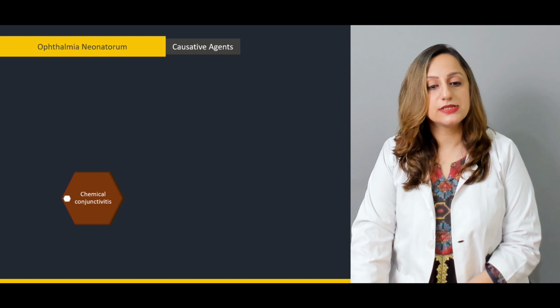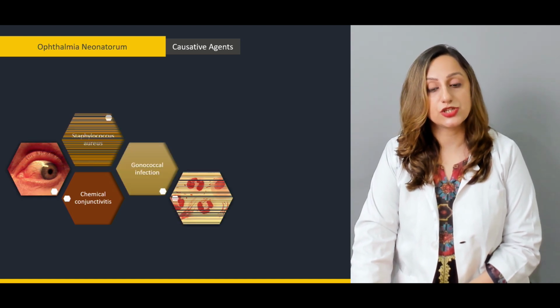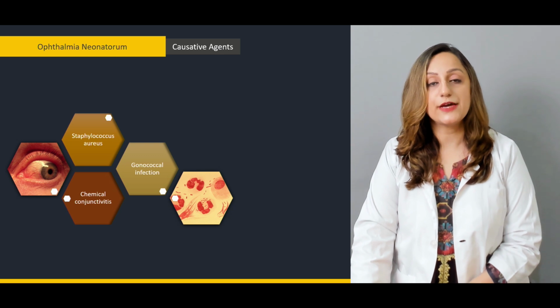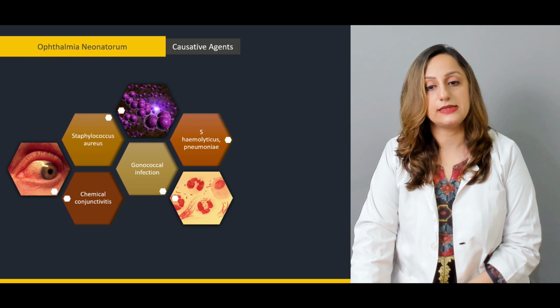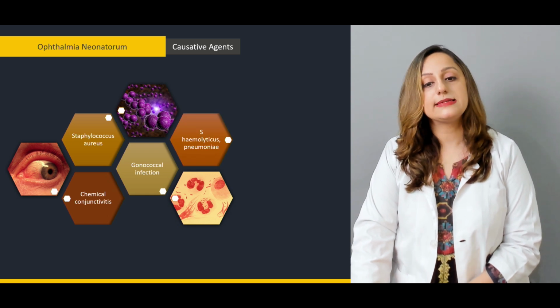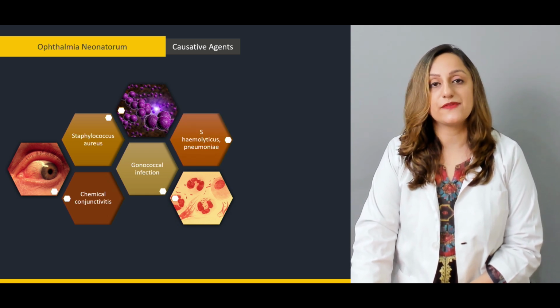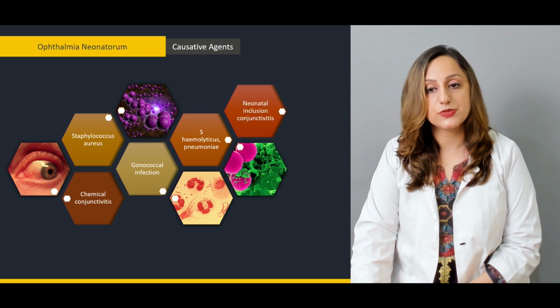The causative agents: chemical conjunctivitis, it can be a gonococcal infection. It can be Staphylococcus aureus that is responsible for such infections in newborns. Staphylococcus hemolyticus or Streptococcus pneumoniae is sometimes responsible.